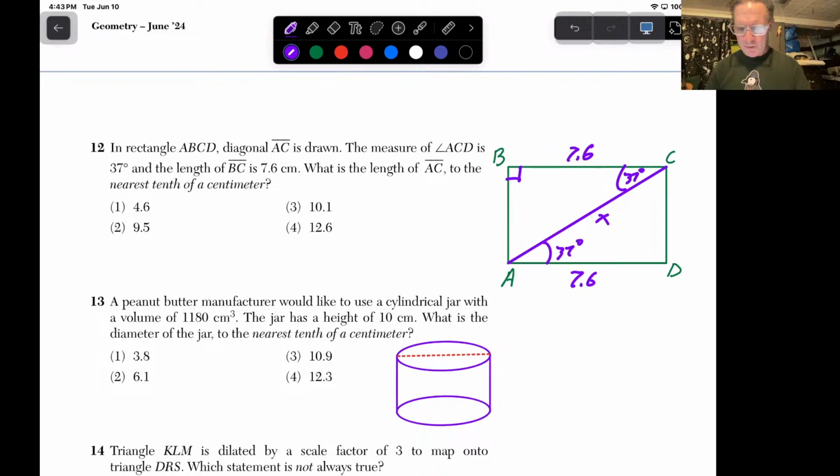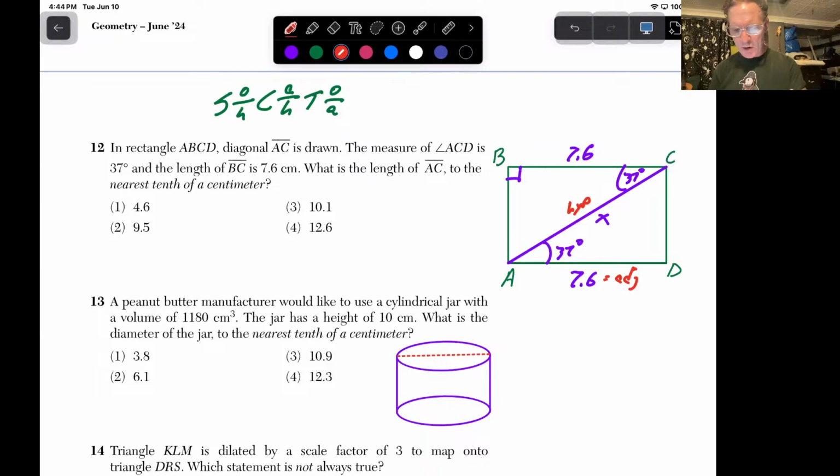So now I'm looking for this side. This is just a trig question. SOHCAHTOA, SOHCAHTOA, SOHCAHTOA. Shout out to the Thursday song guy. So let's see, we have our hypotenuse, which is X, and we have our adjacent side.